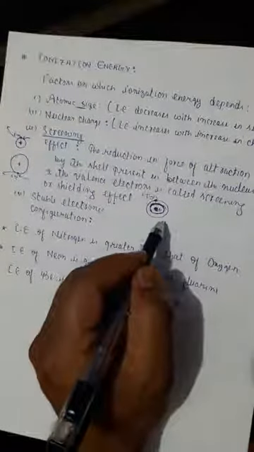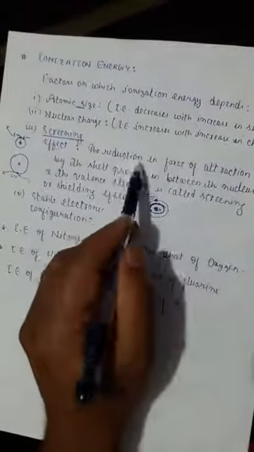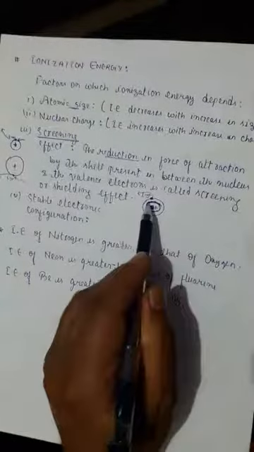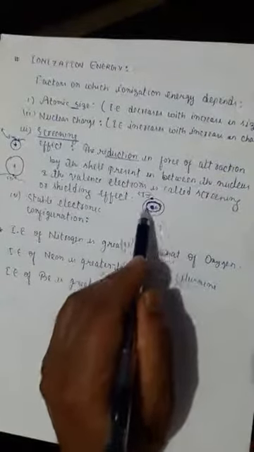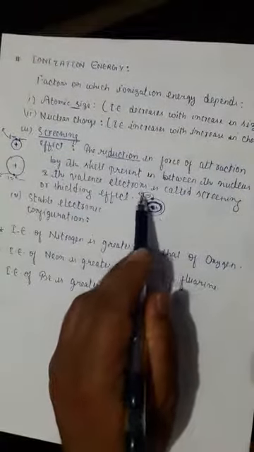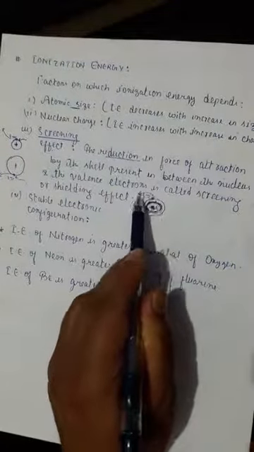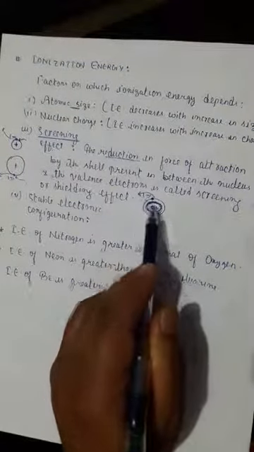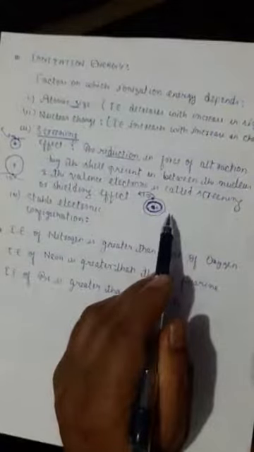So you have to remember what the screening effect is: the reduction in the force of attraction by the shells present in between. You can see here this shell is present in between, and the valence electrons are not strongly bound to the nucleus. Now the more the screening effect, the more easily this electron will be removed, and the lower will be the ionization energy.